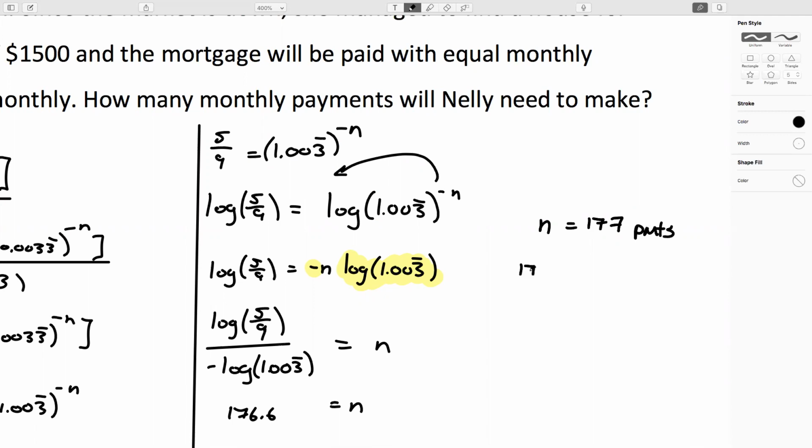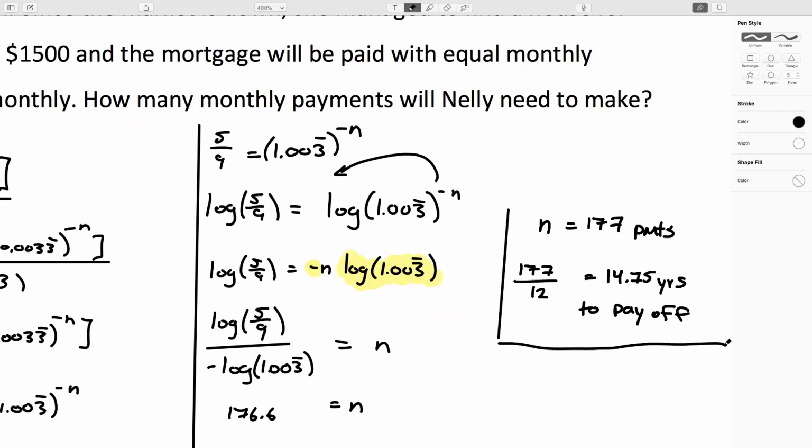If we divide 177 by 12, it's going to take 14.75 years to pay off. Which is actually pretty good. If she can pay her mortgage off in less than 15 years, she's probably going to be in pretty good shape once that mortgage is done.